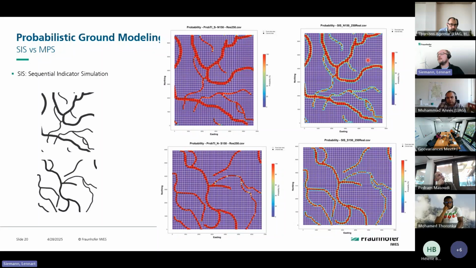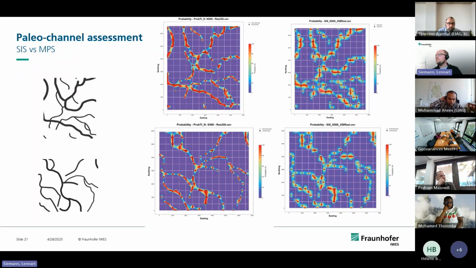Here's MPS and here's SIS. It works also quite well for dense line spacing, but you see what I call a halo around the channels. It gives you a broader uncertainty range, which is neither good nor bad, I think, but it gives you another piece of information. I'll talk about that maybe later, but here's coarser line spacing.